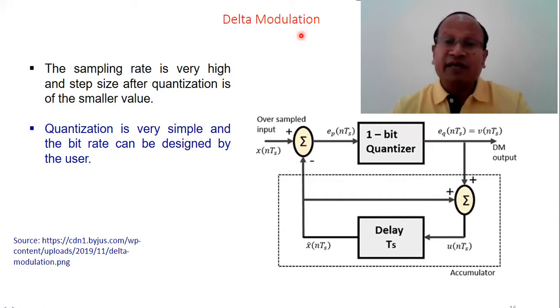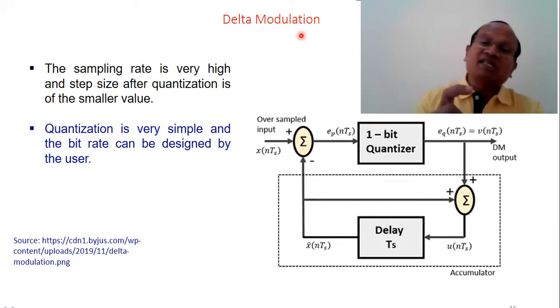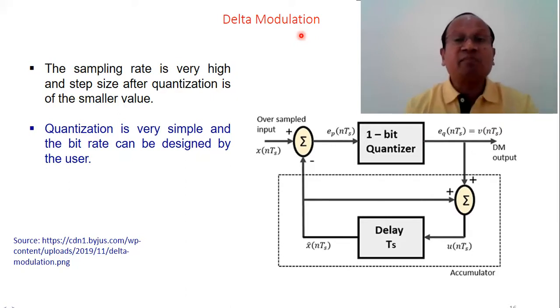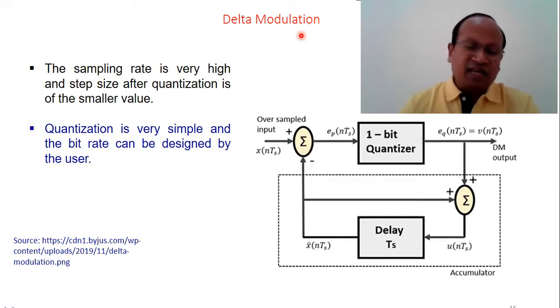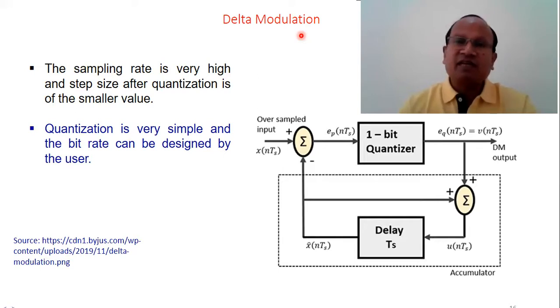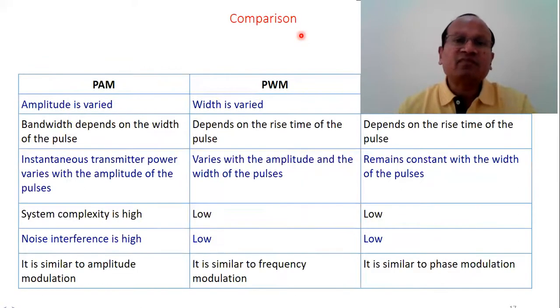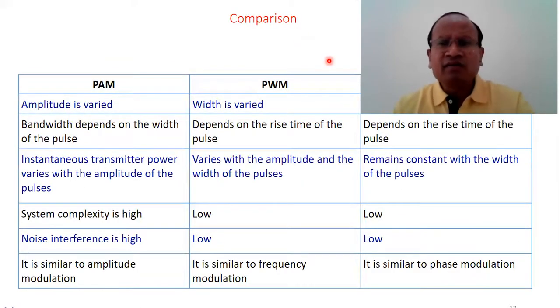We further modify it, called adaptive delta modulation, where step size is made variable, and making step size variable gives us a lot of advantages, which we'll separately discuss in the ADM method called adaptive delta modulation. So let's compare.